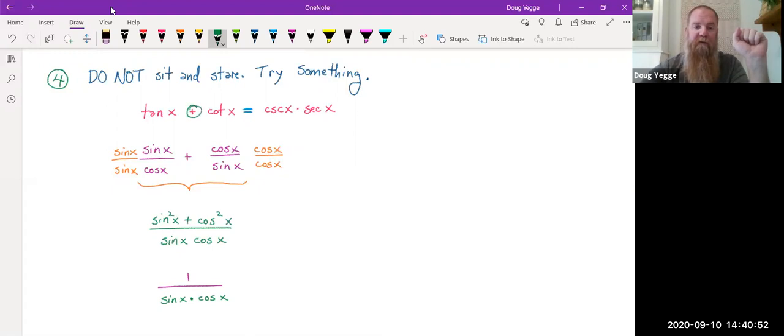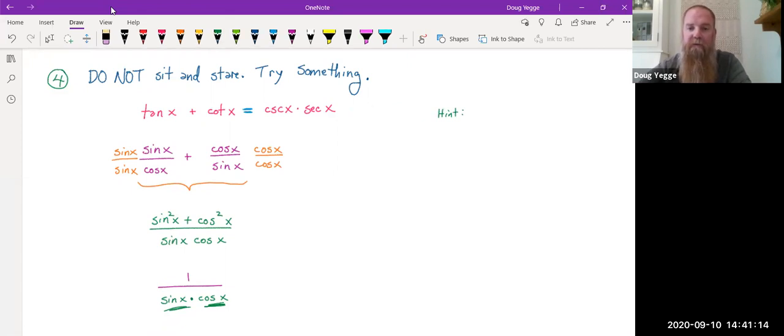Instead of it being two terms, it's now one single term. Instead of it having tangents and cotangents, it now has sines and cosines. And now this is where sometimes looking to the other side can give you a little tip. So this is where I'm going to just write a hint at this point.